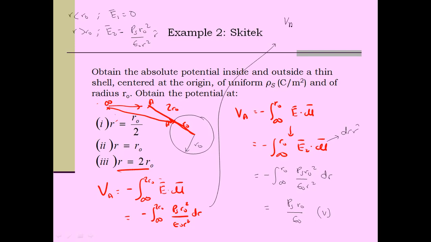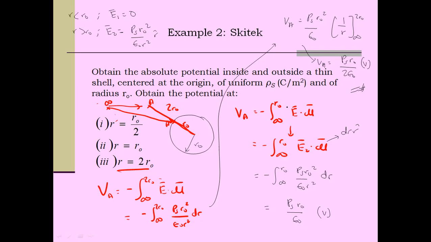Your potential at point A will be equal to rho s R naught squared divided by epsilon naught, times 1 over R from infinite to 2 R naught, and we end up with VA equal to rho s R naught divided by 2 epsilon naught in volt unit. That should be your potential at the point A by using the equation of E dot dl.